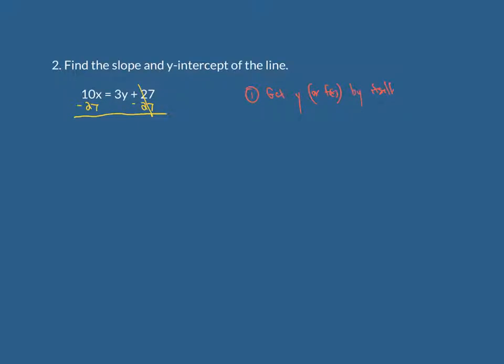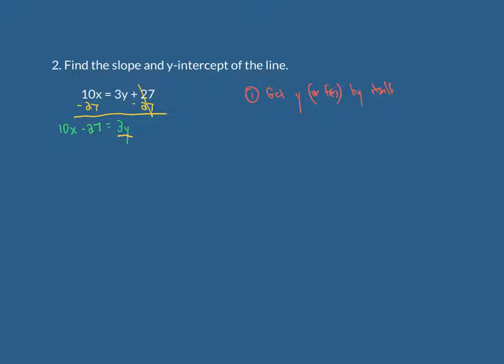Let's do that in a different color. Stick with green. 3y equals 10x and -27. Not like terms, so don't smush those together and make -17 or anything like that. Just 10x minus 27.